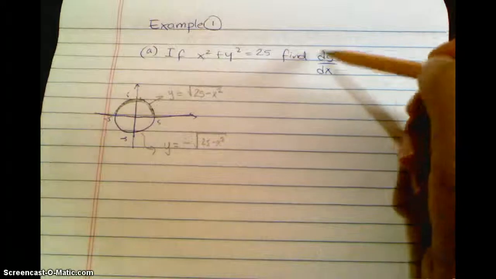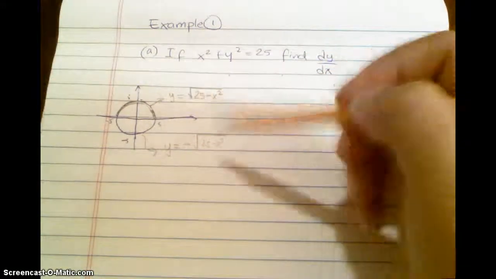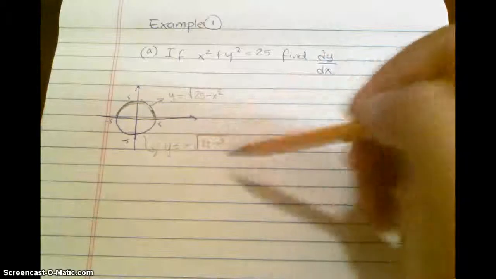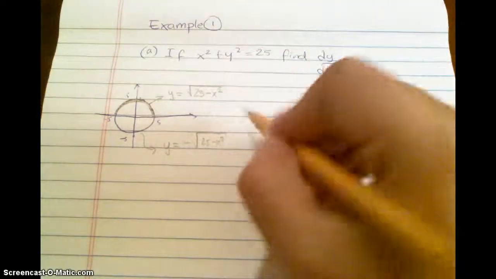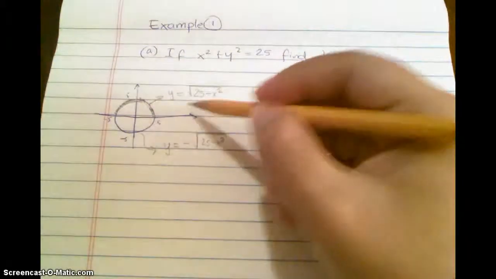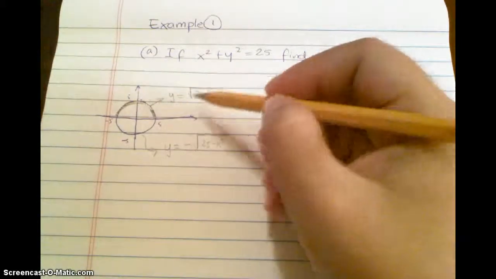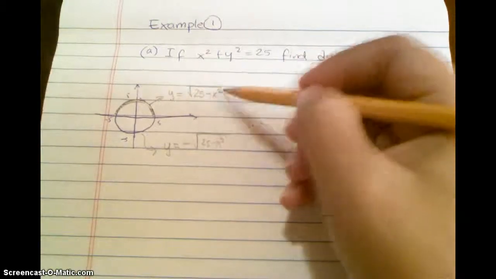So if you were to find the derivative, you would have to take the derivative of this function and then the derivative of that function, and then figure out if they have the same derivative or not. You can find that on your own. This can be done in the regular way. You can see that there are two functions going on.